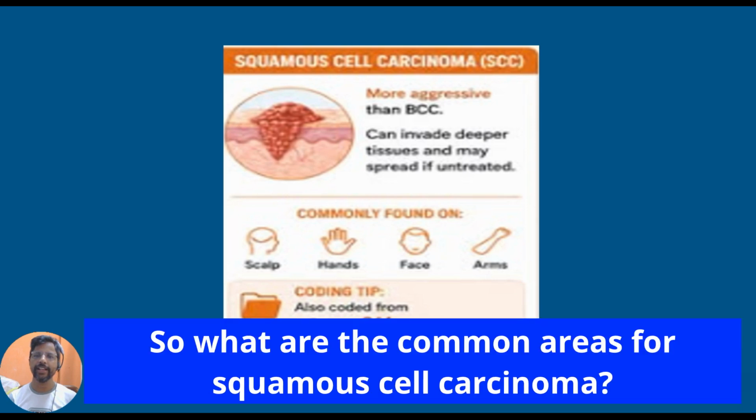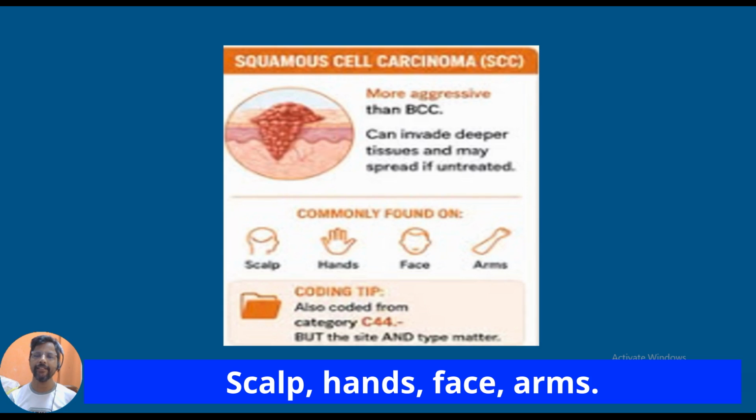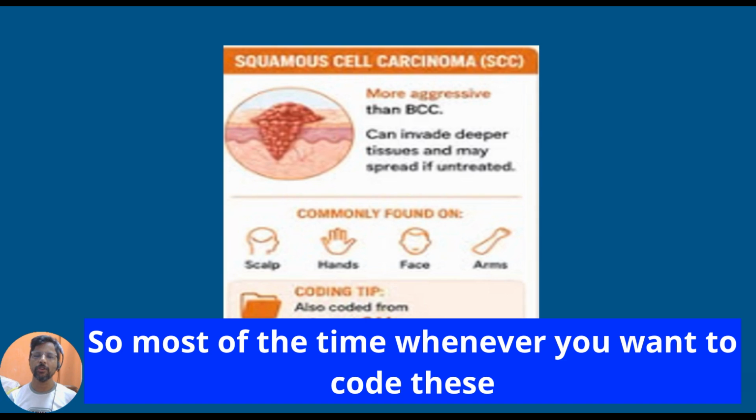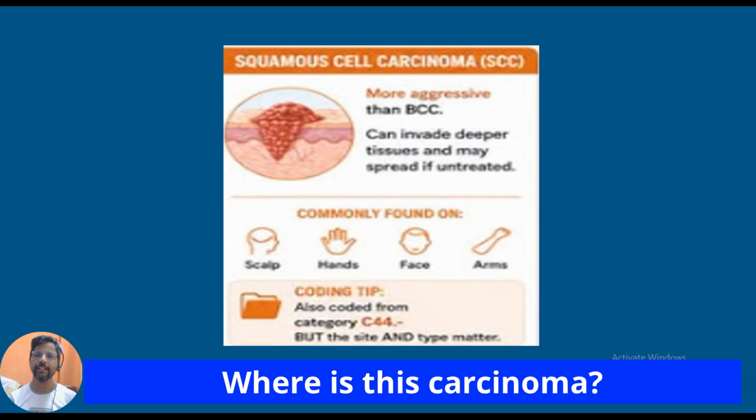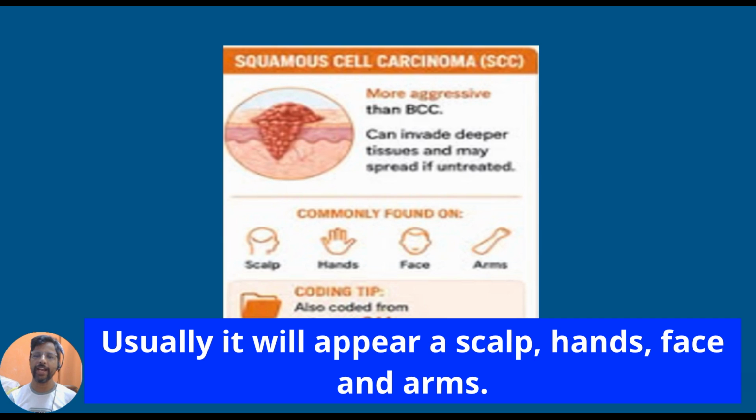What are the common areas for squamous cell carcinoma? Scalp, hands, face, arms. Whenever you want to code this carcinoma, check the location. Mostly it will appear on the scalp, hands, face and arms.